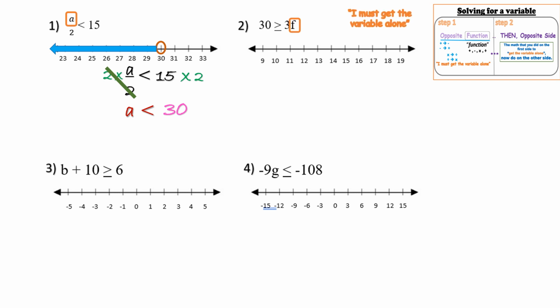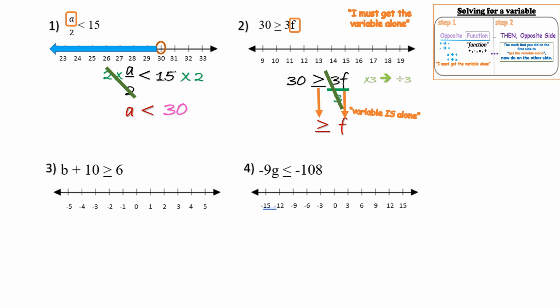What am I doing to the f? Well, I'm multiplying by 3. So in order to get my variable alone, I have to do the opposite of multiplying by 3, which is dividing by 3. So on the side of the variable, I'm going to divide by 3, which simply allows me to cancel those out. Now I'm left with my inequality sign and my f.